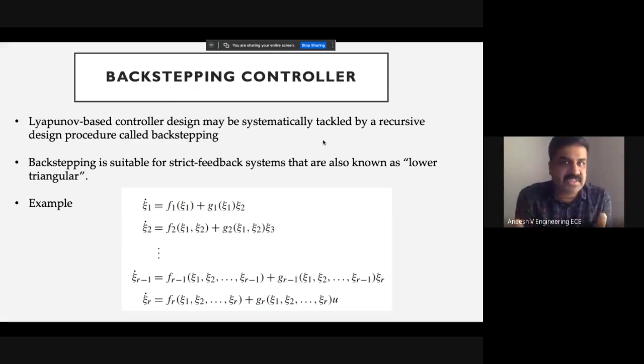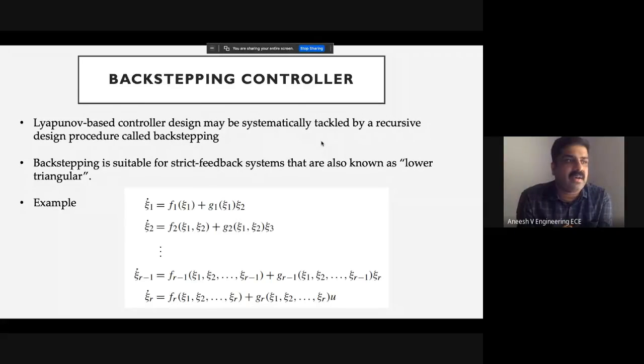For that, certain equation sets are there, because without those equation sets, I couldn't make this presentation complete. And if I'm only talking about all these things orally, it will not make you familiar with it. At the end, it would be a guess. So we are coming to the point, backstepping controller.